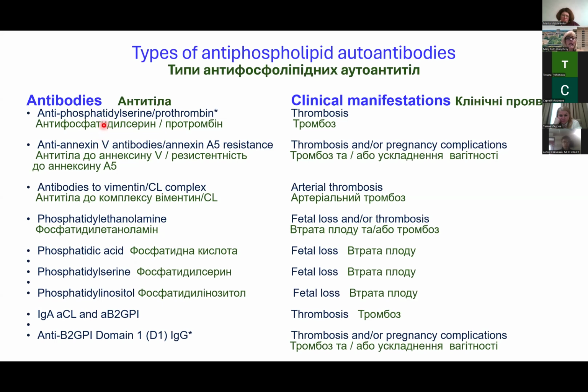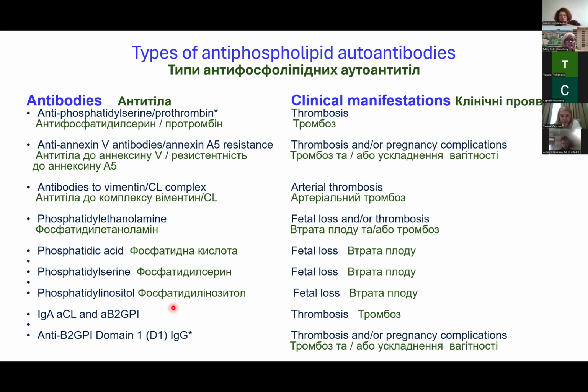So certain antibodies have certain clinical manifestations. The antiphosphatidylserine prothrombin antibody causes thrombosis. The annexin 5 antibodies cause thrombosis or pregnancy complications. The vimentin cardiolipin antibody complex causes arterial thrombosis. Phosphatidylethylamine causes fetal loss and/or thrombosis.